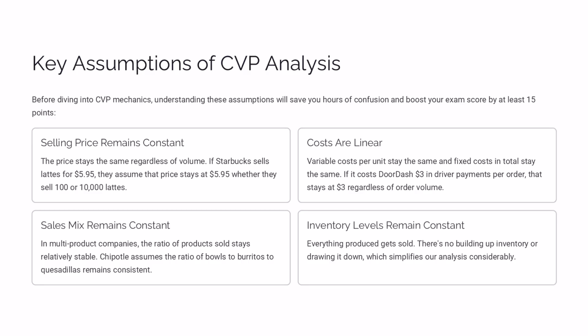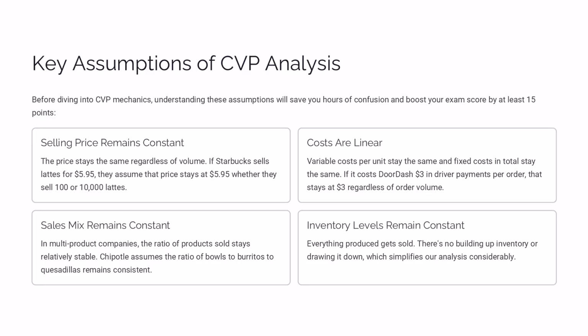And yes, I know in real life they might have happy hour discounts or bulk pricing. But for CVP analysis to work mathematically, we need this simplifying assumption, just like how in physics class you assume no air resistance to understand the basic principles before adding complexity.